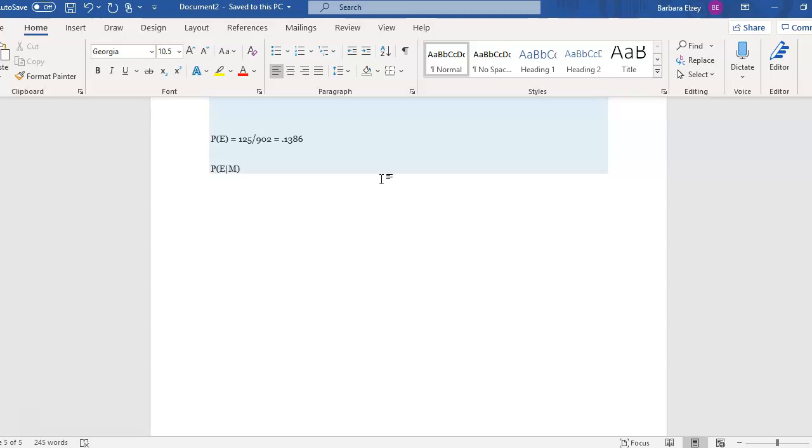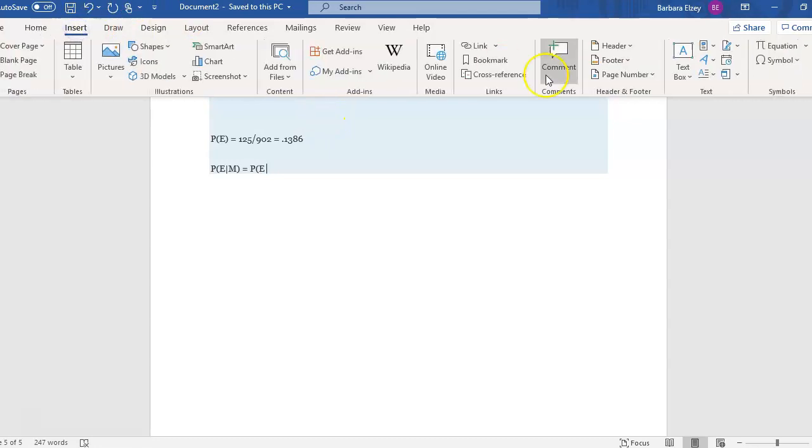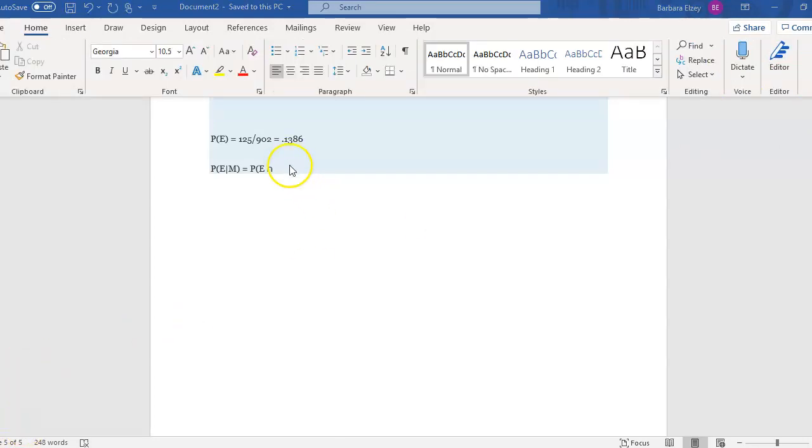All right, so according to our formula for conditional probability, this is equal to the probability of E and M, the intersection of E and M, on top.